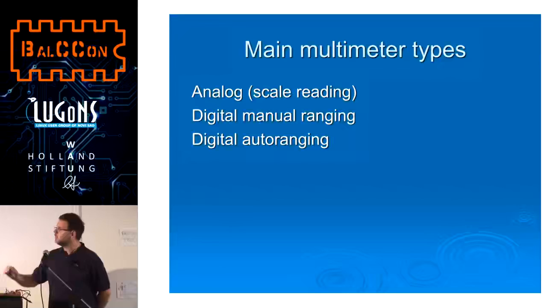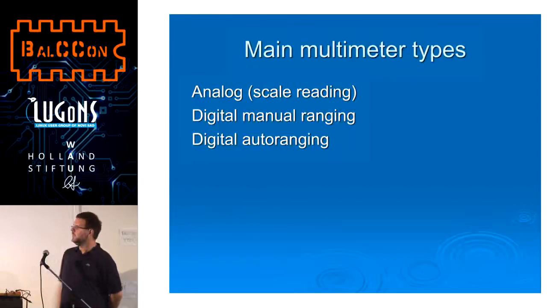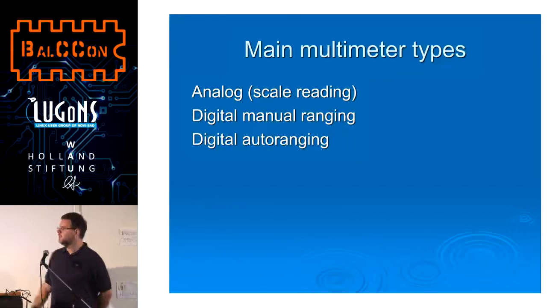But some clever guy thought, okay, I can put all these things into one thing and call it a multimeter and measure everything I need with just one device. And later they added a bunch of other useful or less useful stuff to it, and they got today's modern multimeters. There are three types of multimeters today: old analogs with scales, digital manual ranging, and digital auto ranging.